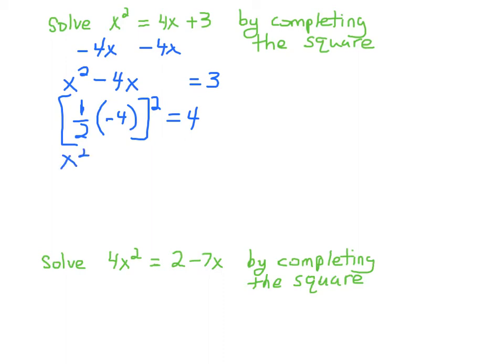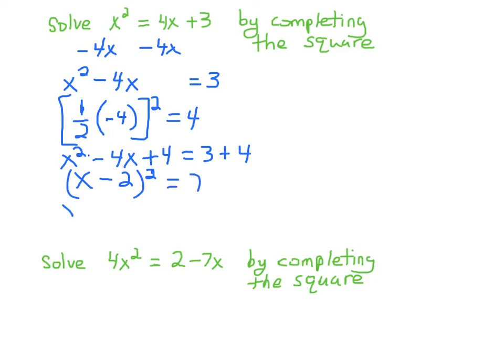So I have x squared minus 4x plus 4 equals 3 plus 4. So that's going to get me x minus 2, the quantity squared, equals 7.